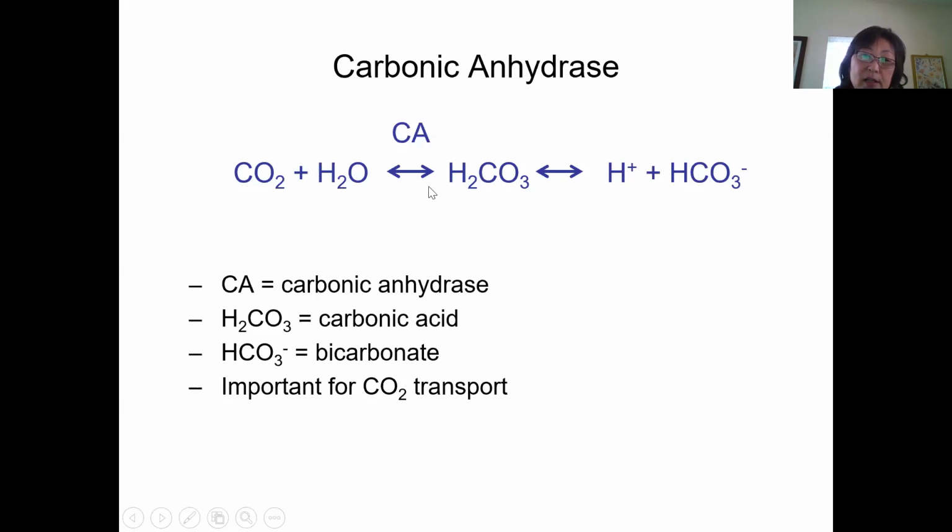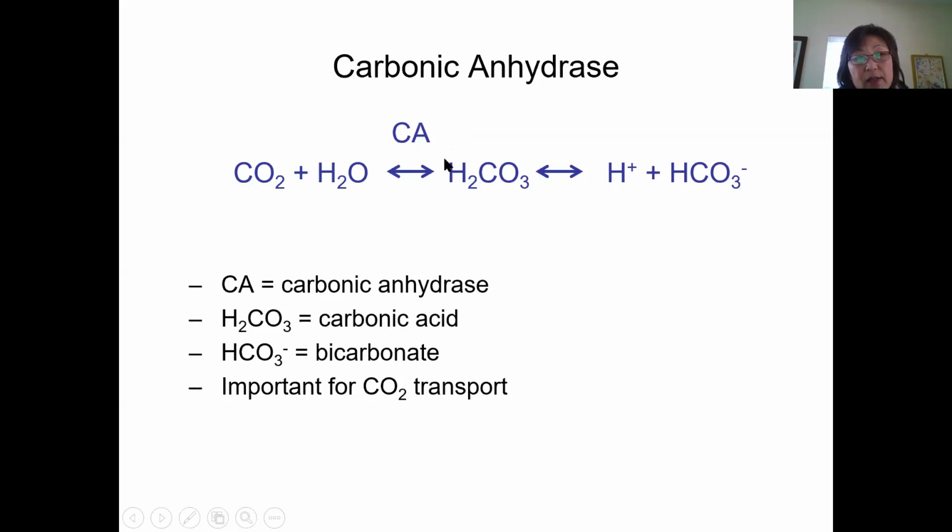This process is very important once we get to the respiratory system to talk about how the CO2 is transported in your body. You do need an enzyme for these chemical reactions.